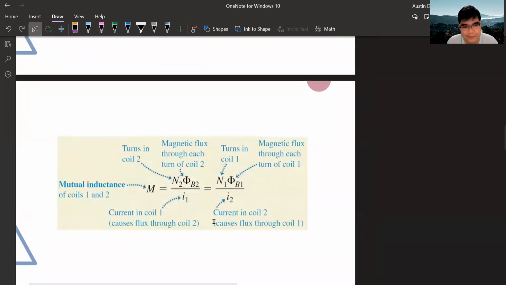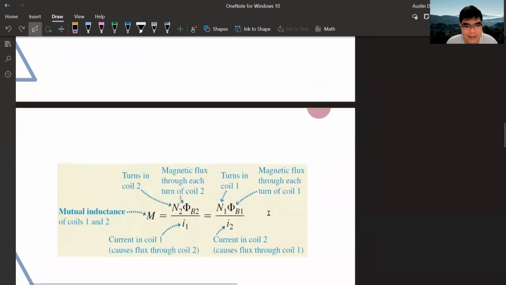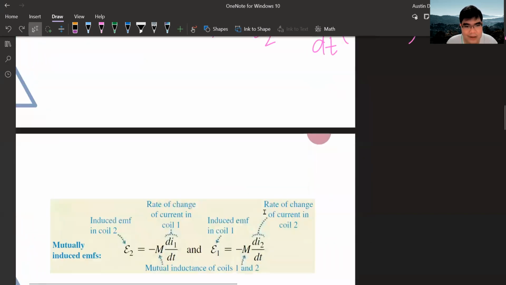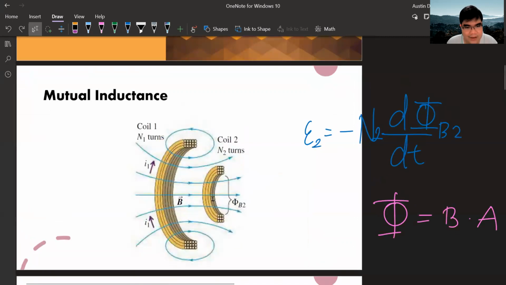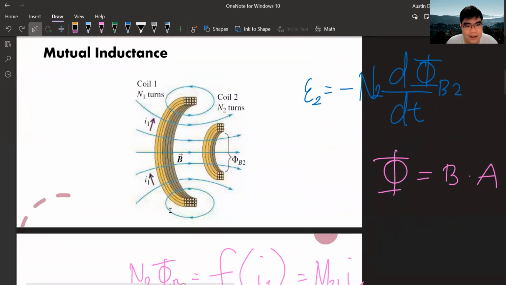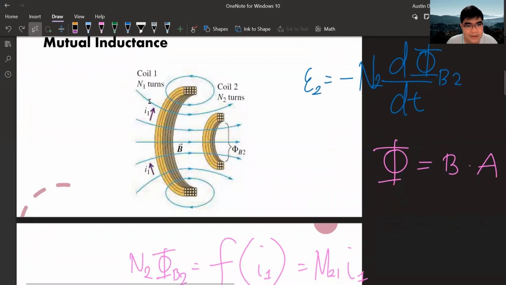Okay? Parang hirap imagine na, sir, but paano sila mag-equal? Pansinin nyo for this example na yung flux nito, the magnetic field, yung coil 1, hindi lahat yun papasok sa coil 2. Okay.